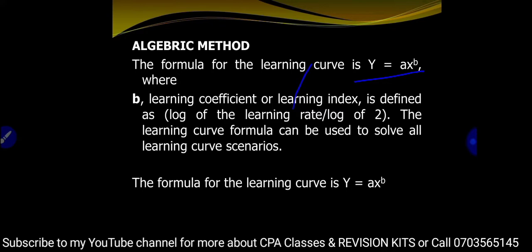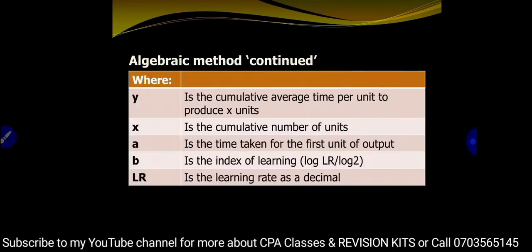Now we need to know what each stands for. Y stands for what, a stands for what, x stands for what, and b stands for what. Now y is the cumulative average time per unit to produce x units, meaning that as we produce more units, the average time taken to produce each unit is not the same. So y is always that average time taken to produce each unit of the cumulative number of units.